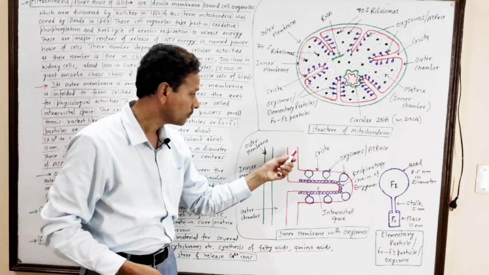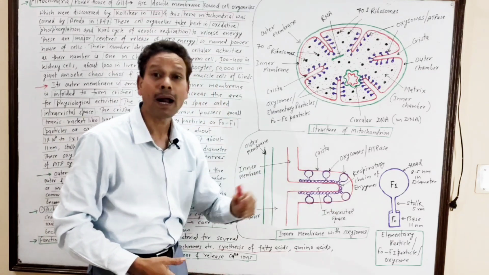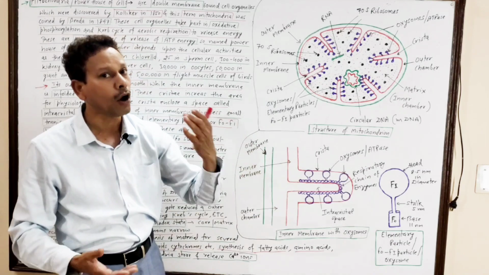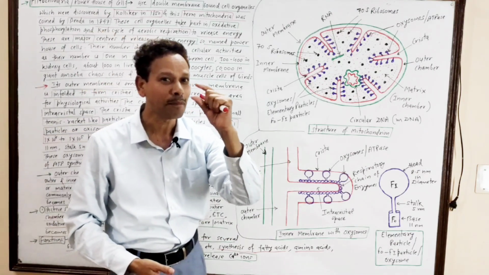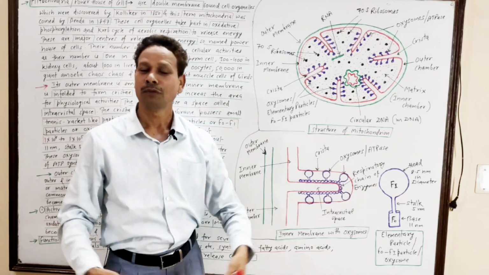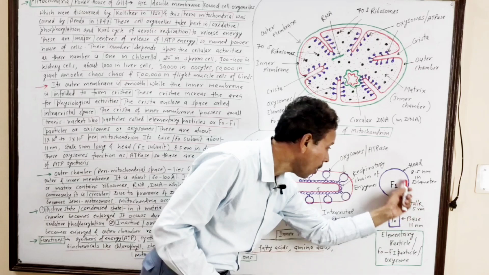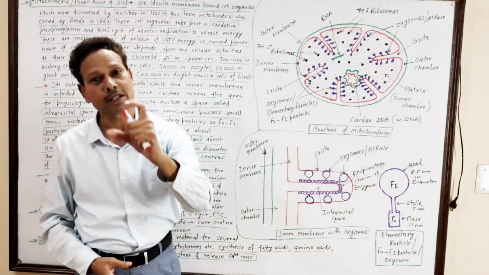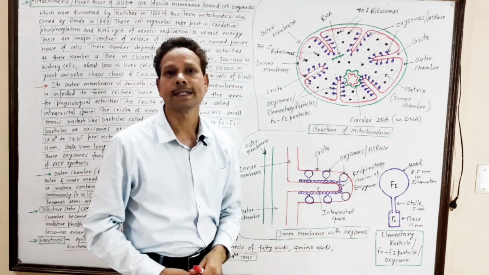Here in this inner membrane, these tennis-racket-like particles, elementary particles, oxysomes or ATPase, are the main center for the synthesis of ATP. And each oxysome, ATPase, elementary particle has three parts.